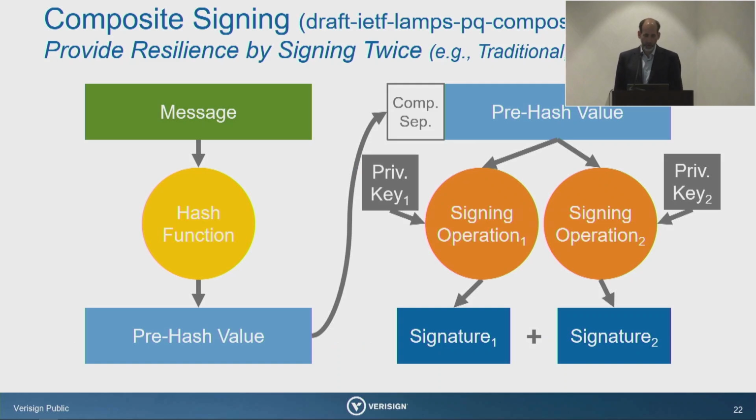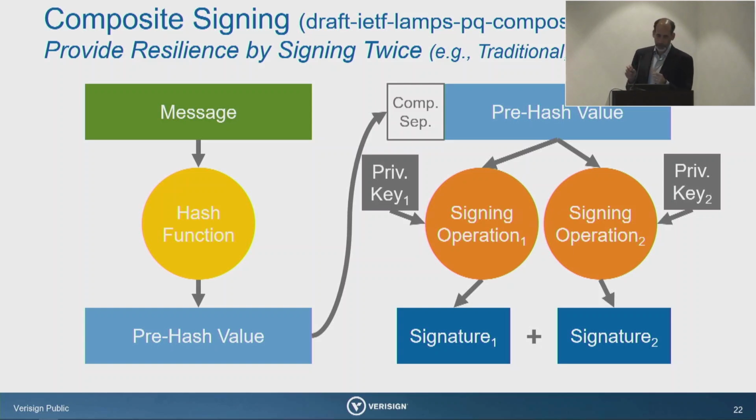So one I've already alluded to is the composite signing mode. And in composite signing, you pre-hash the message and then sign it with two underlying signing operations, maybe a traditional and a post-quantum. And the design that's in the current draft says we'll pre-hash once, so we don't have to hash the message two different times for the two different underlying signing operations. And then whatever the signing operations do, they're going to do.